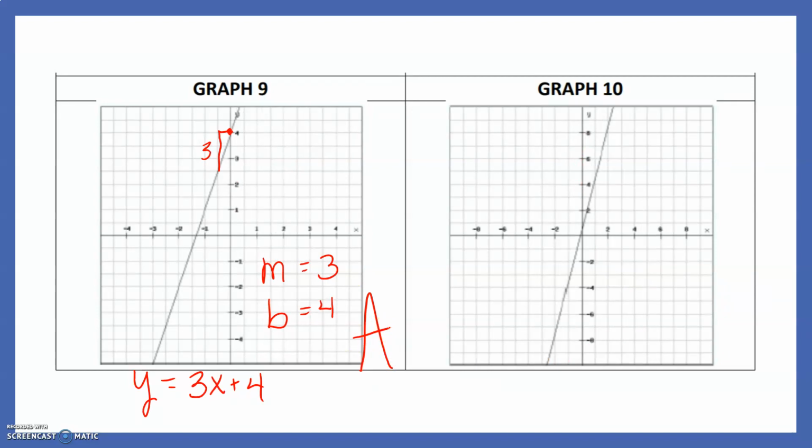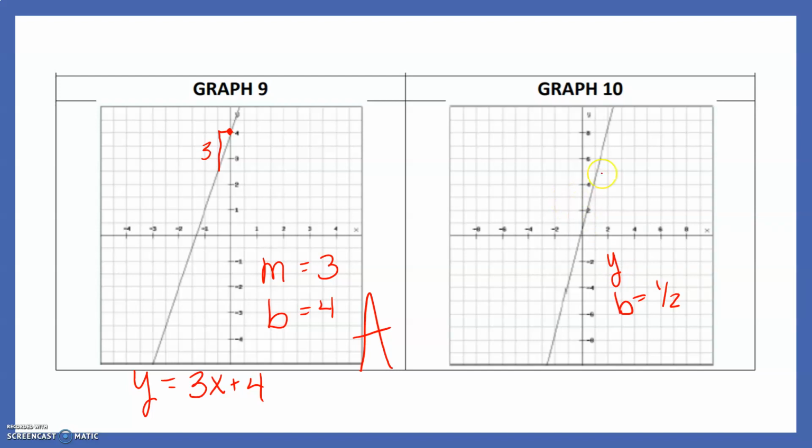And last but not least, graph number 10 starts at my B value of 1/2 and has a slope of... Let's try this again.